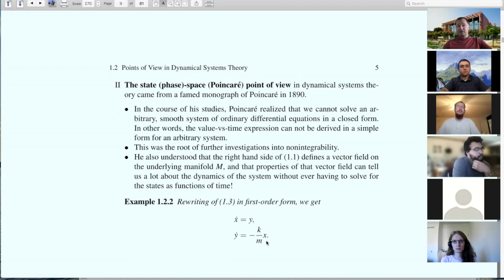In some sense, you get a lot of qualitative understanding of dynamical systems using this, and it can, in principle, be done for systems that are not solvable in closed form very often, right?